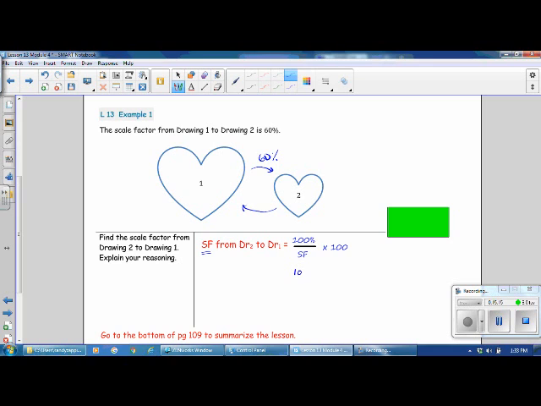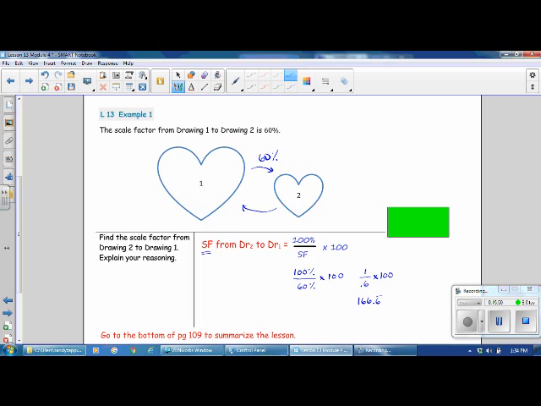Okay, so we have 100% divided by 60% times 100. You can use your second F-D percent key for this, or you can convert it to decimals and then do the math. So converting it to decimals, 100% is equal to 1. 60% is equal to 0.6. So 1 divided by 0.6 times 100 is equal to 166.6 repeating.